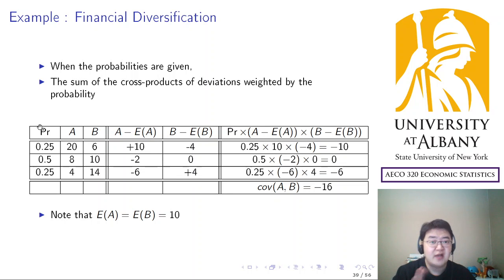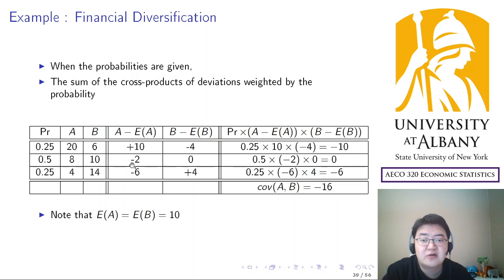But now we have the probability. We have to utilize the probability, and after multiplying the deviations, we put the weight of probability on them. So we multiply 10 times minus 4, and it's weighted by the probability 0.25. So it becomes minus 10.